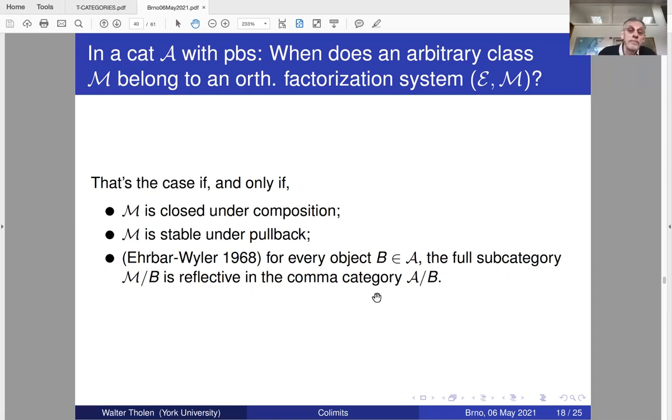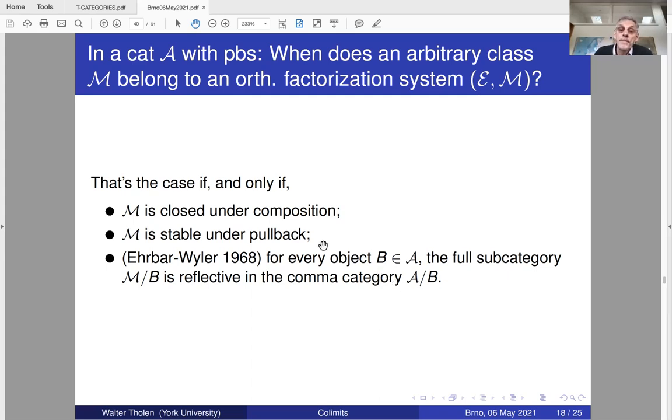The most important condition is that when you look at the category of objects over B and consider the M morphisms over B as a full subcategory of that category, it has to be reflective.